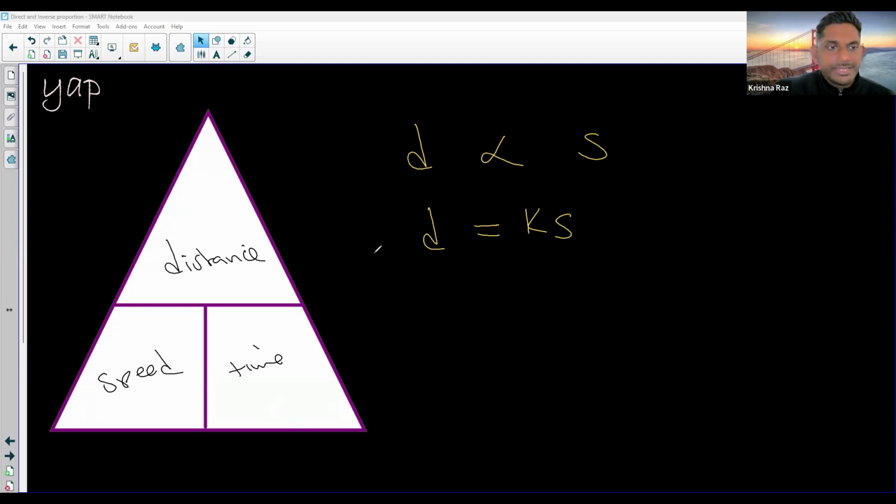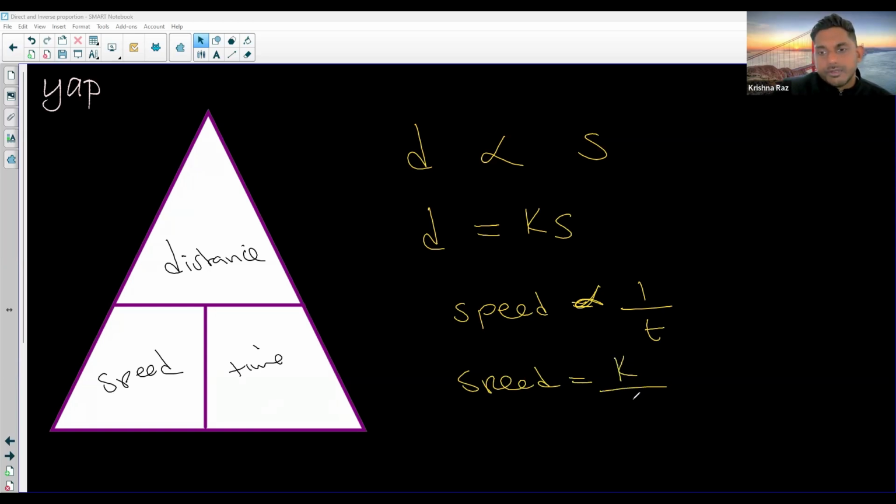We know that speed equals distance over time. So we had speed was proportional to 1 over time. So speed is equal to some constant over time. And in this case, our constant was distance. In the previous case, our constant was time.